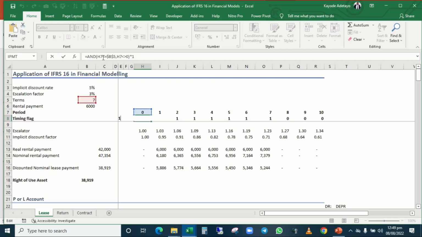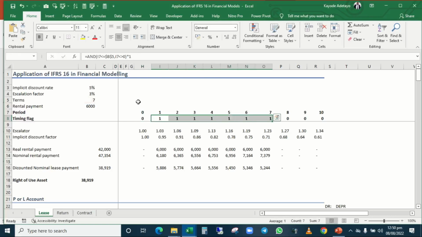I use a less than or equal to here, and I use an AND to give a second logical, which says this value must not be equal to 0, and I multiply by 1. So when both of these logics are true and multiplied by 1, it gives me 1. But if any of them is false, multiplying by 1 is going to give you 0. You see what I've been able to achieve: I've got 1 in the period of the lease, while any other period is 0. So that's the timing flag there.